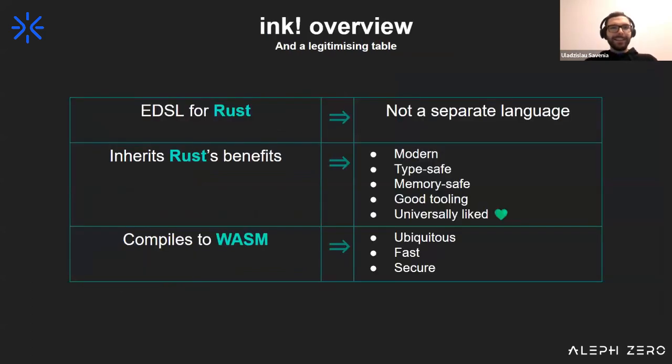Okay, so now a bit more about Ink. That's a brief introduction to it. It's an EDSL for Rust, so basically an embedded domain specific language, right? So basically it's a subset, I would say, of Rust with a bunch of very useful macros on top of it.